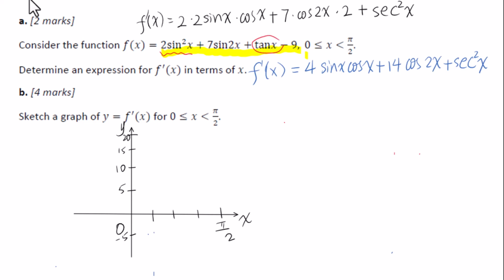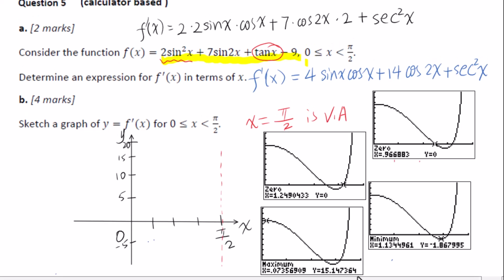For tangent x, we know x equals pi over 2 is a vertical asymptote line. When you sketch the graph of f prime of x, make sure your graph won't cross x equals pi over 2.